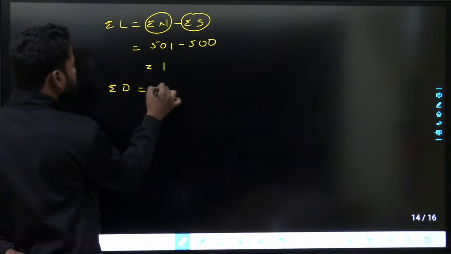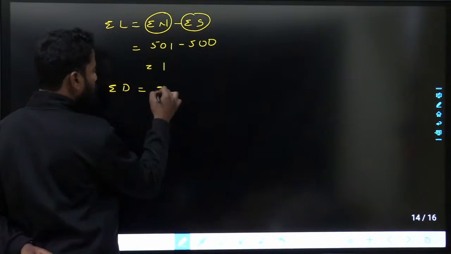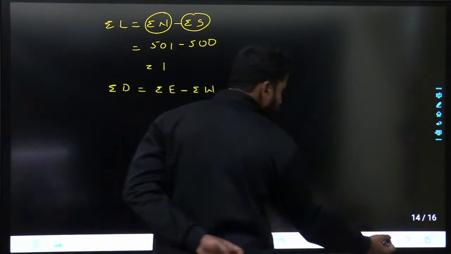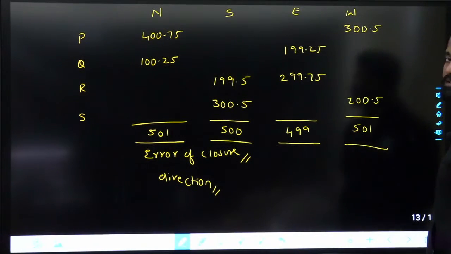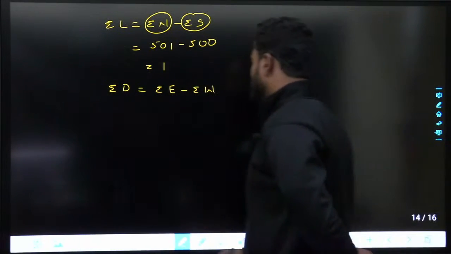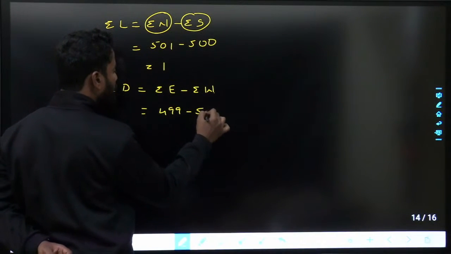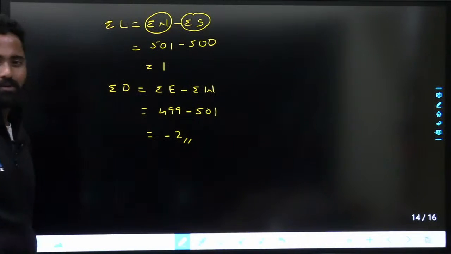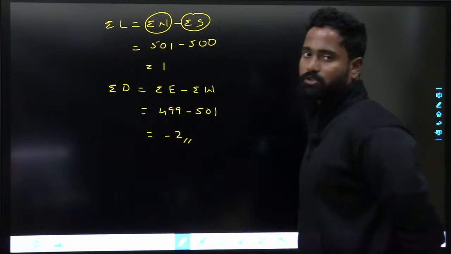Sum of departures is sum of eastings minus sum of westings. Sum of eastings is 499 and sum of westings is 501. This is minus 2. Departure is negative, latitude is positive.